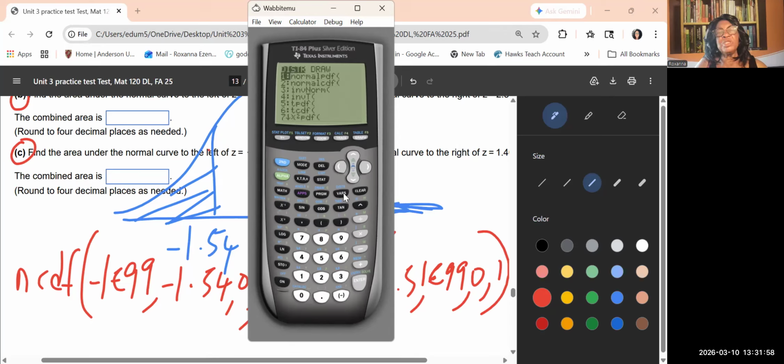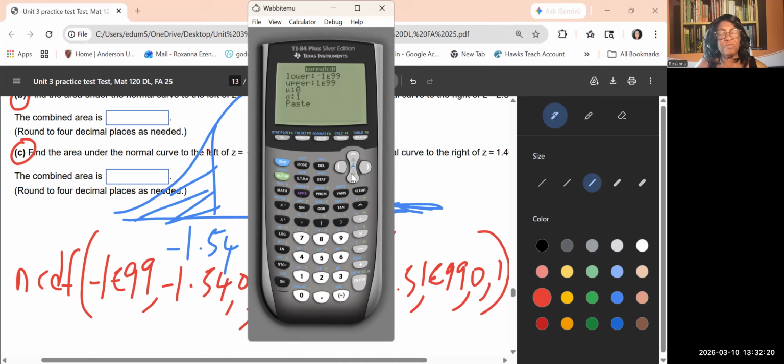So second distribution, normal distribution, and then negative 1e to the power 99. Remember, you're a human being and you can actually cross-check your answer. Be careful to check your answer. Make sure it is correct as much as you can.